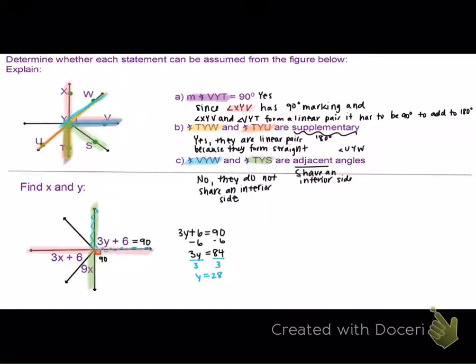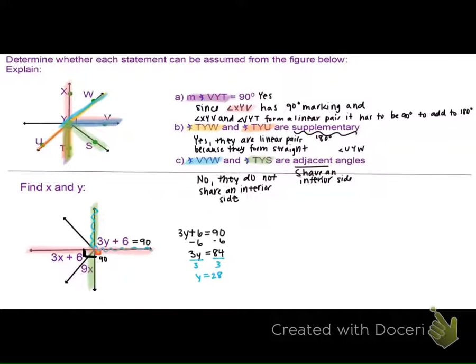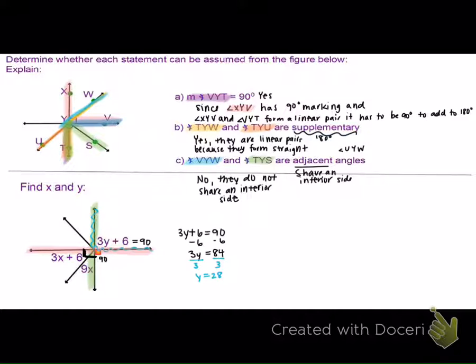Notice again we have another linear pair here, which means that this entire angle here is 90 degrees as well. So how are we going to find x? What are we going to have to do here? If that entire angle, I'm going to scribble it in purple, is 90 degrees, what do I have to do to find x? Katie? Yeah, the two angles together add to 90 degrees.